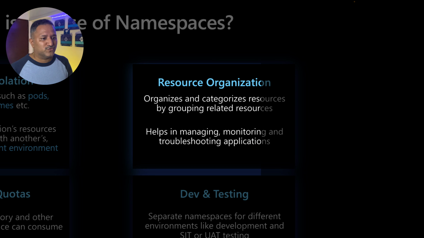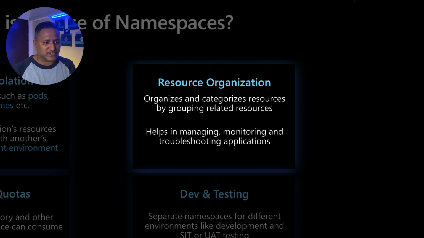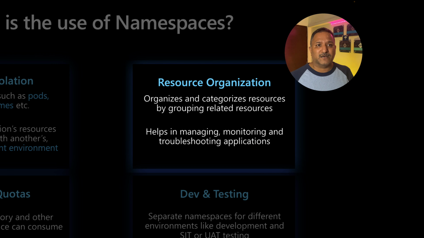The second thing is to organize the resources. This is for managing the resources in an efficient manner. When we have multiple resources deployed, it would be logical to have these resources clubbed together based on the needs. In most cases, we have namespaces which are created for, let's say, monitoring.